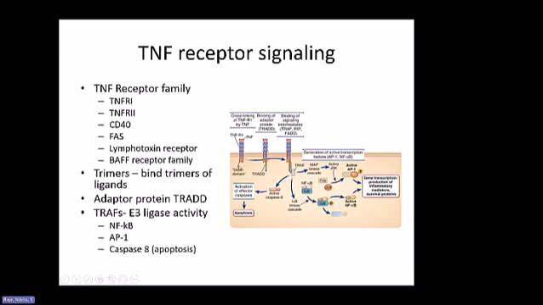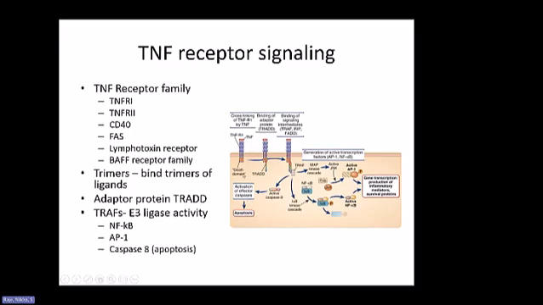So again, death domain: instead of the items that we talked about in T and B cell receptor signaling, here we have these death domains that bind to adapter proteins like TRADD, and then, instead of kinases or other kinds of enzymes, these bind to TRAFs. And those TRAFs can activate three different cascades. One of them is caspases that lead to apoptosis.